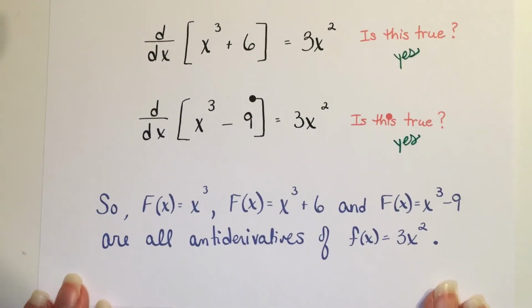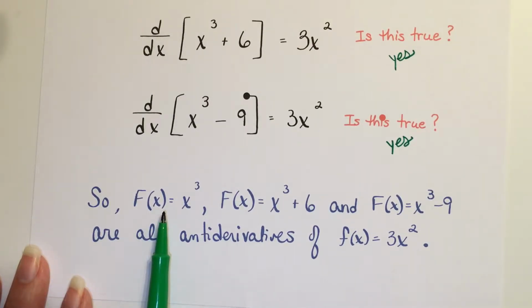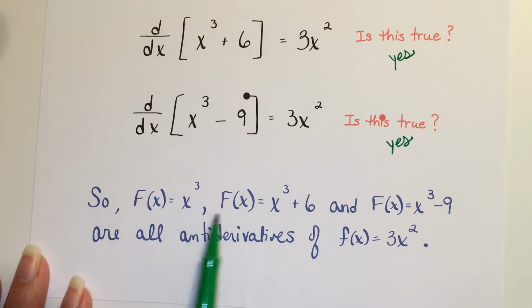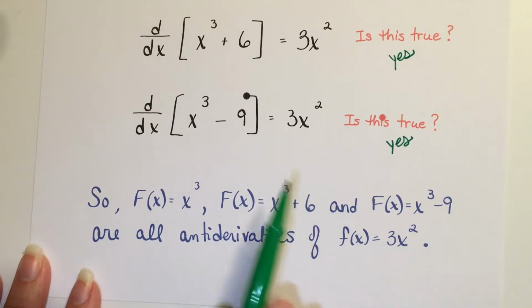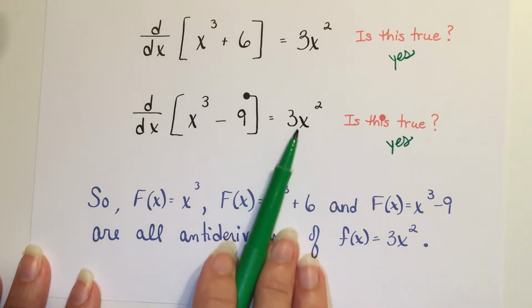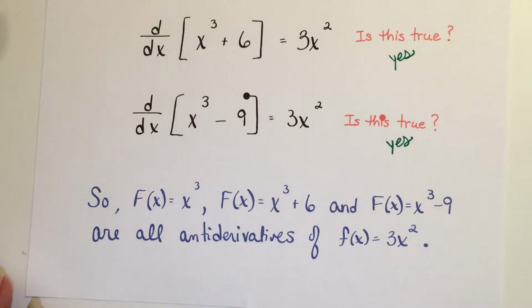So as I've stated here, capital F of x equal to just x cubed, or capital F of x equal to x cubed plus 6, or x cubed minus 9, are all antiderivatives of the function 3x squared, okay? So as I said, if we have this function, these would all be referred to as antiderivatives.